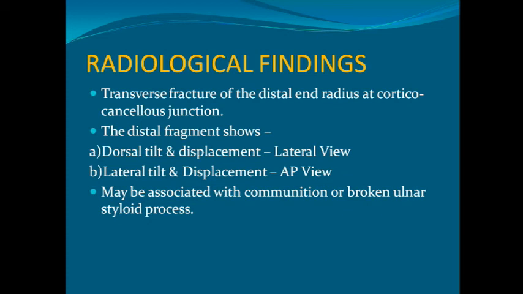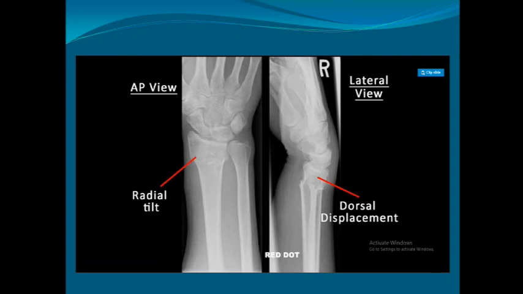We can't say from lateral view whether there is medial or lateral displacement. We can only say the dorsal displacement. But if we see from AP view, we can say the fracture has moved laterally. So from AP view you can see the radial tilt and lateral displacement, and in lateral view you can see the dorsal displacement.